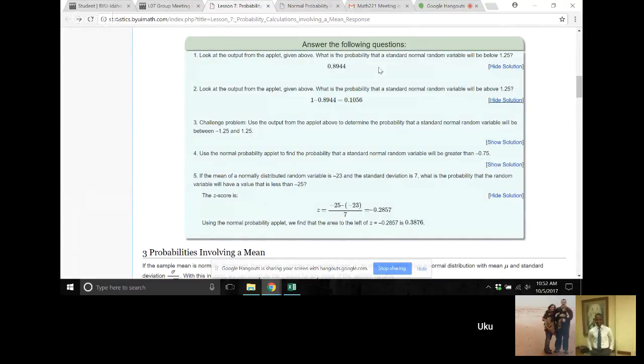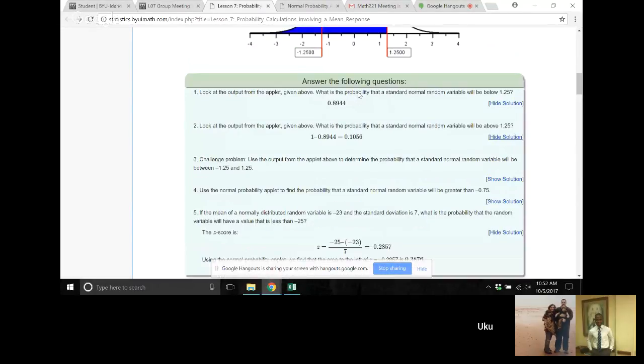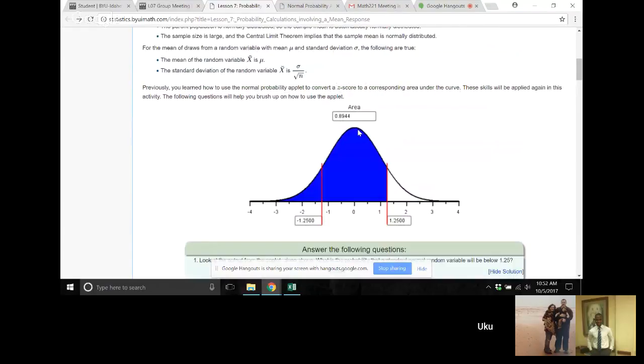So the probability of it being below minus 1 will give us the probability of it being above. Because this is the mean, right? What? That's a z-score. This is a z-score, not a mean.